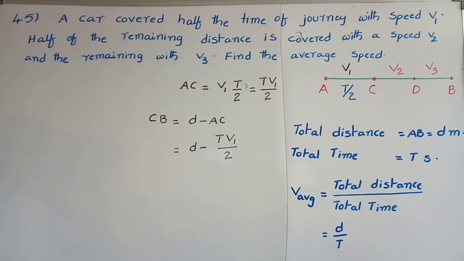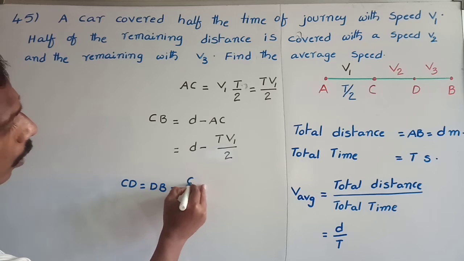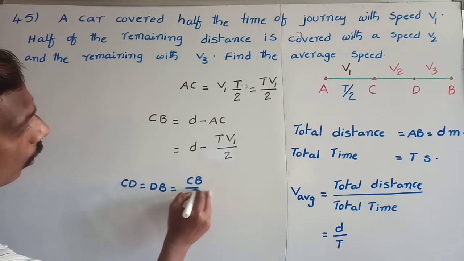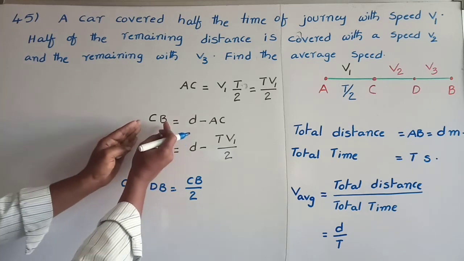What about the remaining half of the distance? The remaining half distance means CD, which is equal to DB, which is equal to CB by 2. Clear? Because half of the remaining distance is CD.